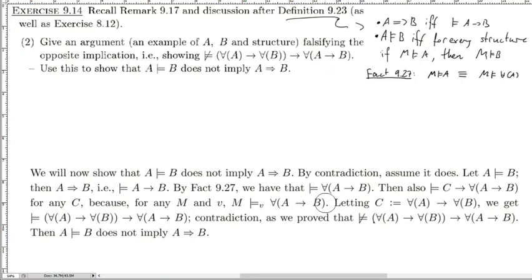So by letting C equal this for all A implies for all B, we get this line here, and we're saying that for all A implies for all B implies for all A implies B, this is valid.